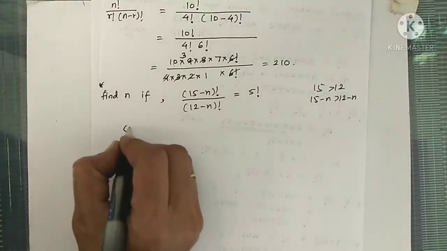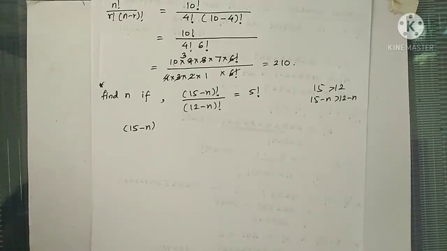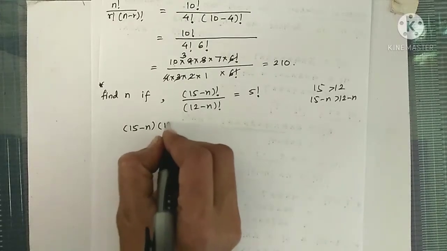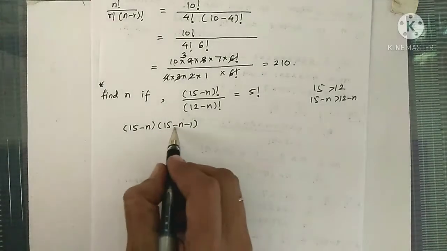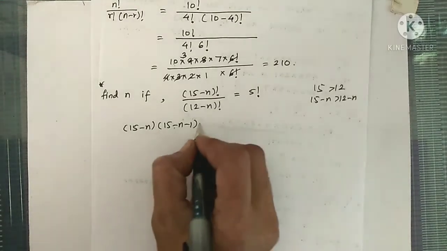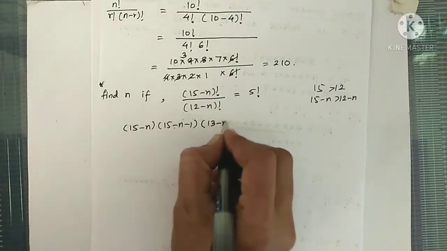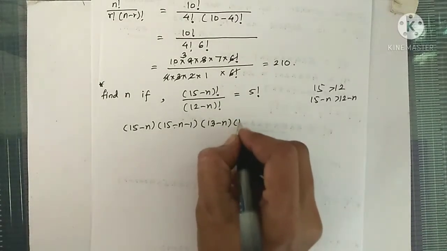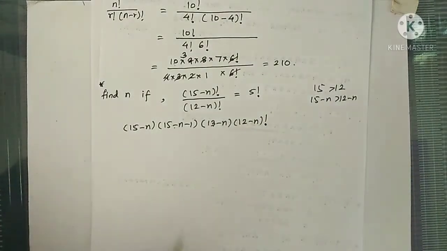So we can write this 15 minus n in terms of 12 minus n. So let's write the factorial. 15 minus n. Then the next will be 15 minus n minus 1. That means it is 14 minus n. So 14 minus n minus 1, that is 13 minus n. Again subtracting 1, we get 12 minus n. That is our denominator.